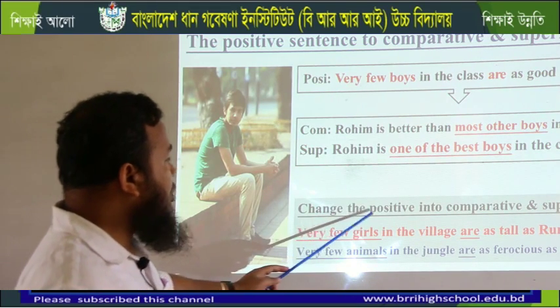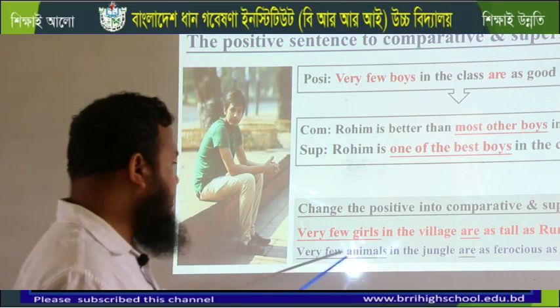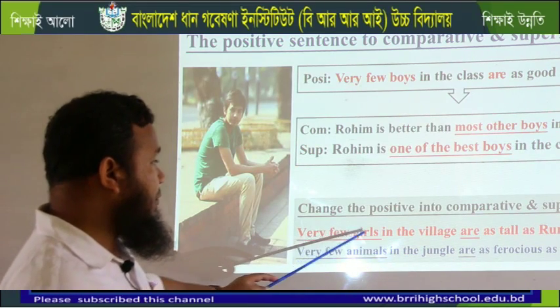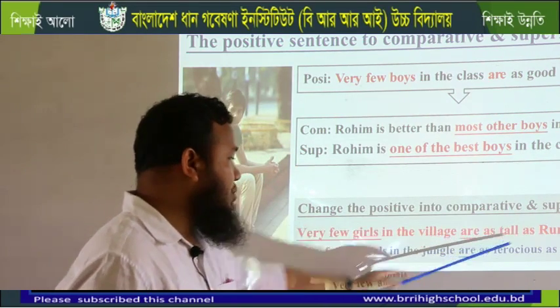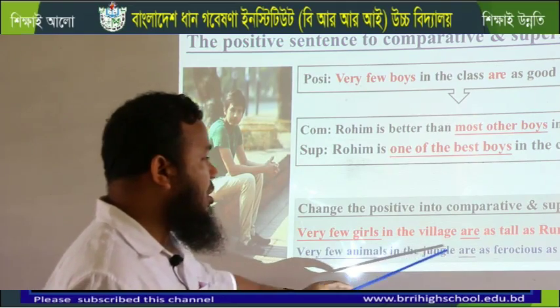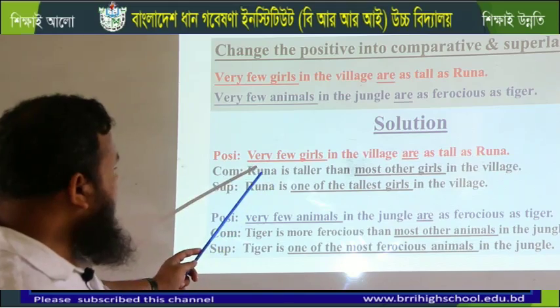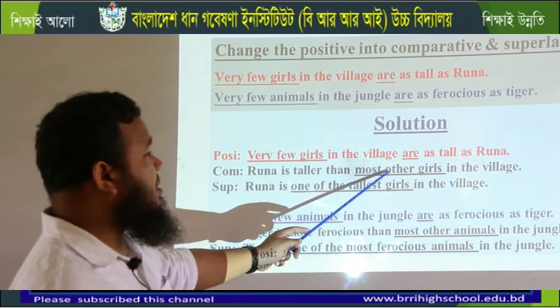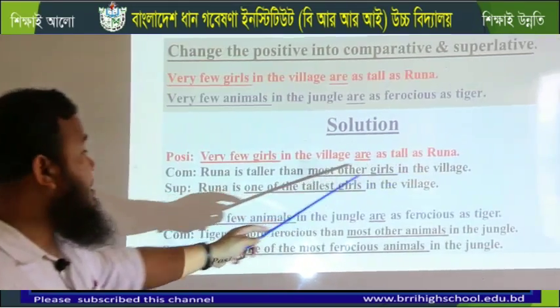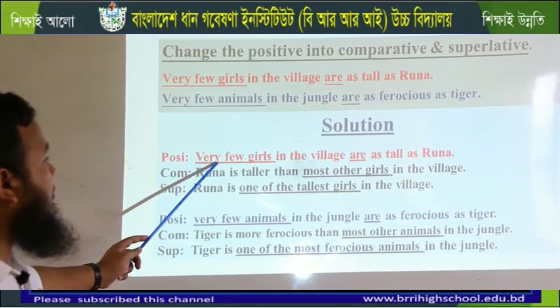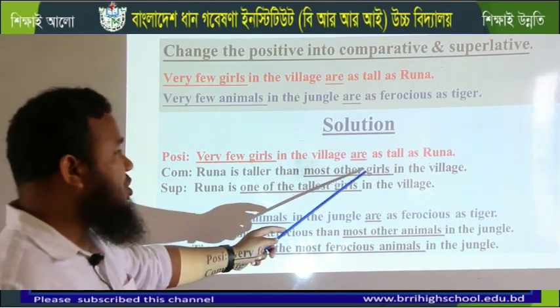Now change the positive into comparative and superlative. Look at these examples. Very few girls in the village are as tall as Runa. Very few animals in the jungle are as ferocious as tiger. Now Runa is taller than most other girls in the village. As we have discussed earlier, if we have used very few, in that case we have to use most other.